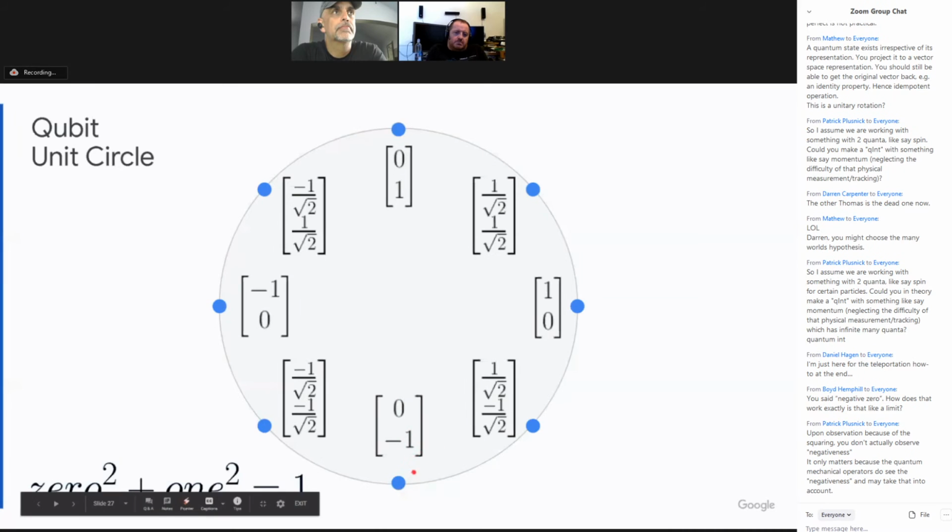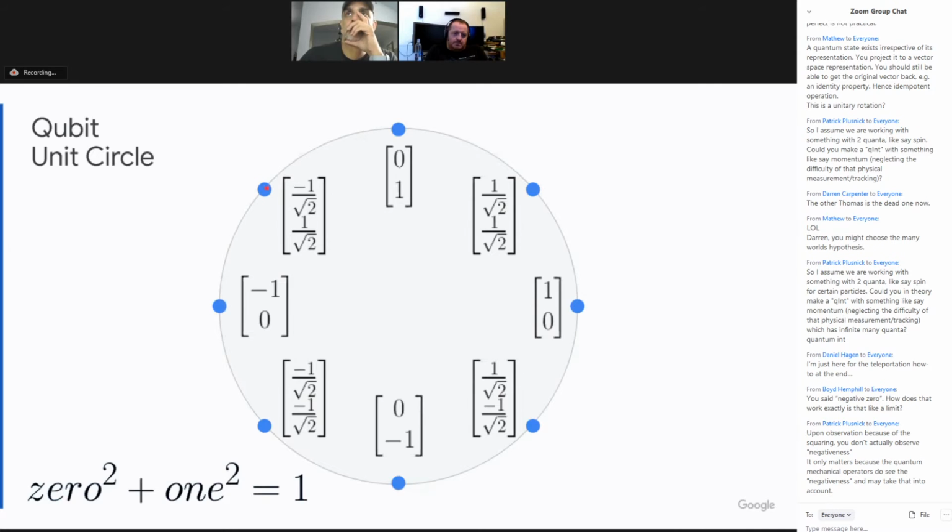There's a 100% chance of observing it as a 1. And in this state right here, what's the chance of seeing it as a 0? Well, 50%. This one right here, what's the chance of seeing it as a 0? Also 50%. Same here and same here, because we square the amplitudes to get the probability. This is an axiom of quantum mechanics, and there's a raging discussion to this day about why exactly that is.